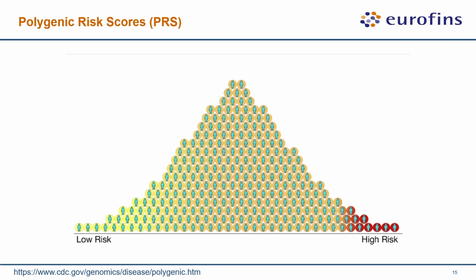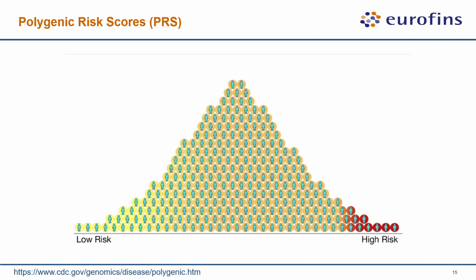But the effect of these genetic markers might be very mild. So by adding them together across thousands, if not millions, of different genetic parameters, one can then plot a population in terms of polygenic risk score.